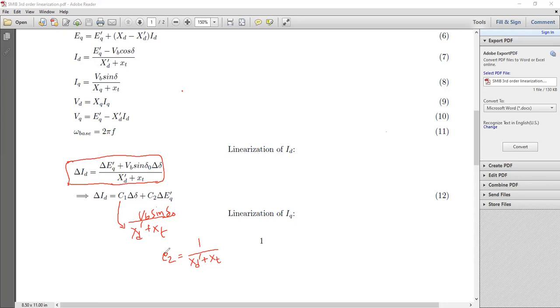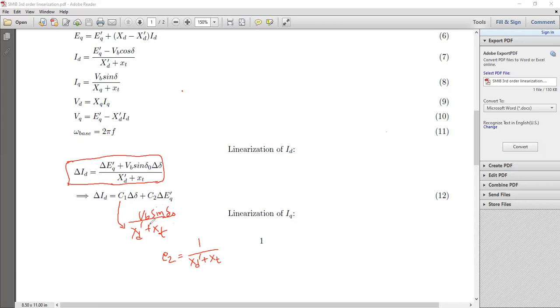Okay. So C1 is a coefficient, which is this expression VB sine delta naught upon xd dash plus xt. Now, is the C1 constant or is it a variable? Let's check. What is VB? VB is the infinite bus voltage magnitude. It should remain constant.